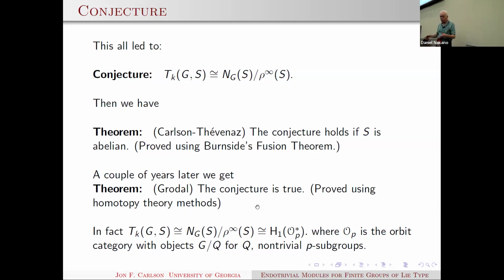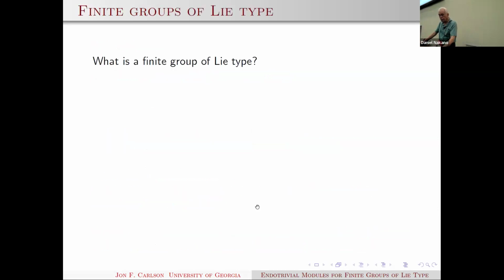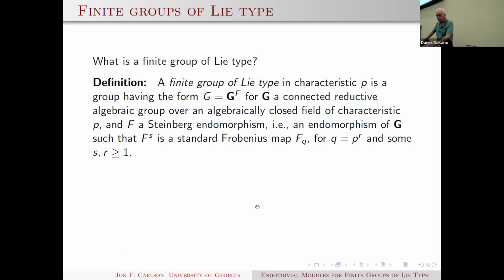So what we wanted to do was use this and try to figure this out for groups of Lie type. We're going to work on finite groups of Lie type. First thing you have to do is say, what is a finite group of Lie type? Here's the definition that we are using.